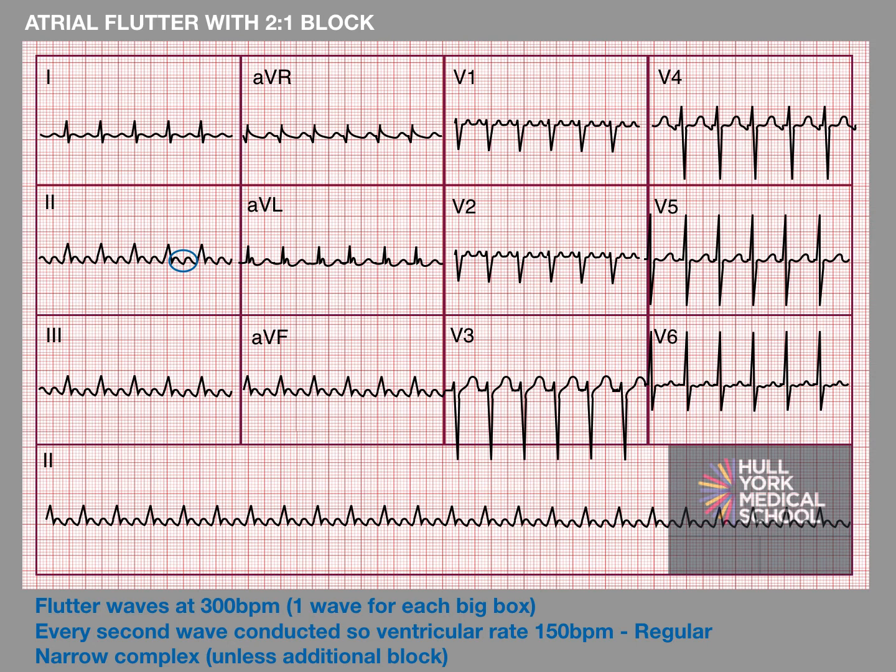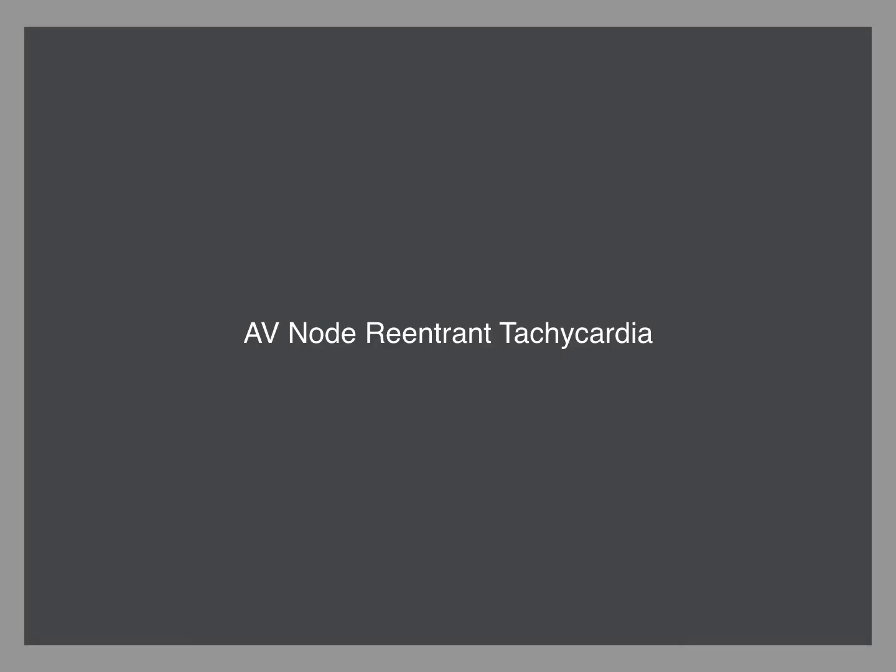In this example, as there's a 2-to-1 block, that means every second wave is transmitted through the AV node. We therefore have a rate of 150 beats per minute.